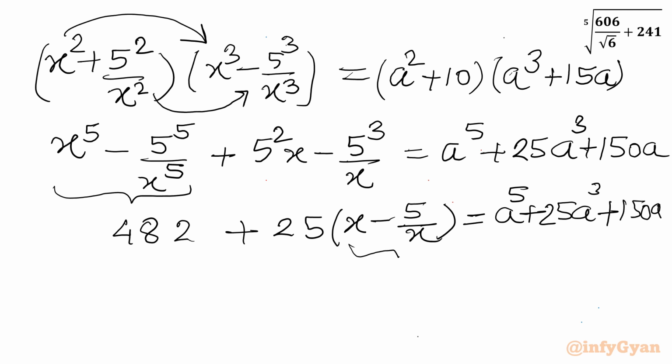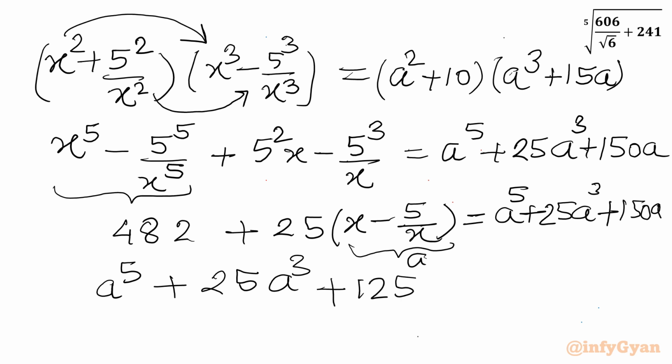Now this value is a, so I can take all the terms to the RHS. I can write a power 5 plus 25 a cube plus 150a minus 25a, so 125a, and minus 482 equal to 0.